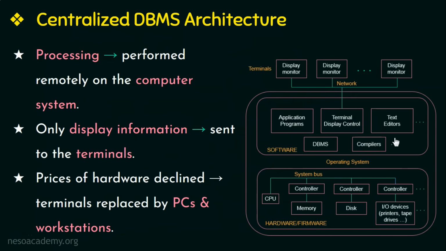So all the processing was done over here, and the display information was sent to the display terminals via a network. Slowly, DBMS systems started making use of the processing ability of the systems at the user side also, and not just at the server side. And this led to client-server architecture. So this is about the centralized DBMS architecture.